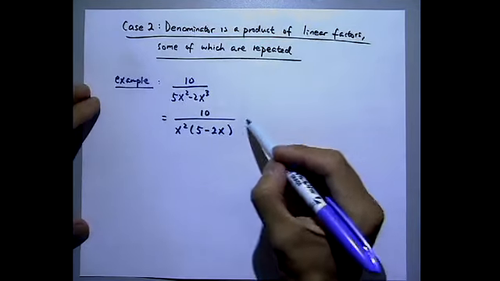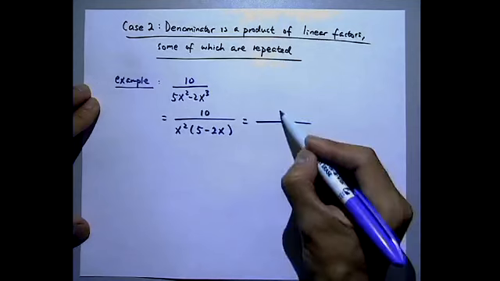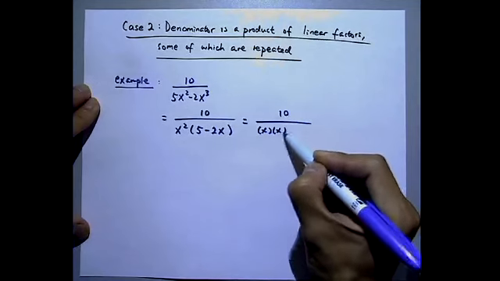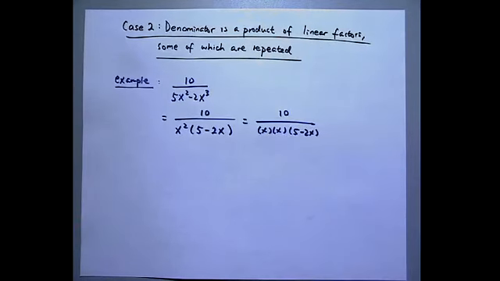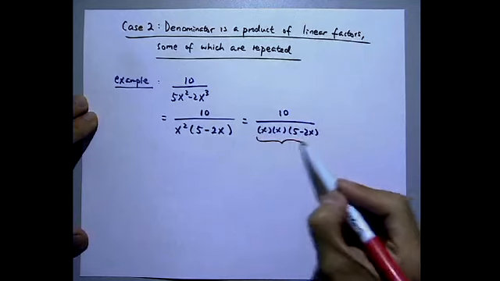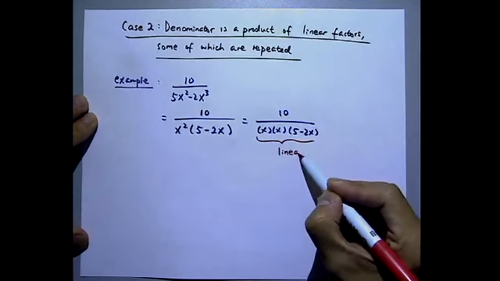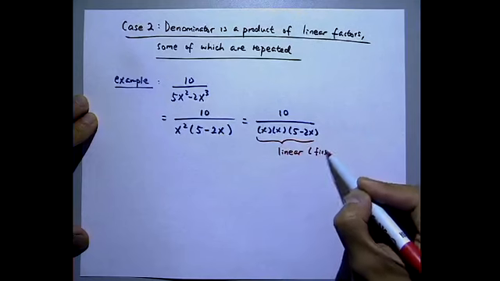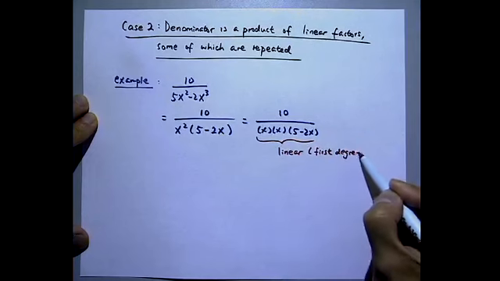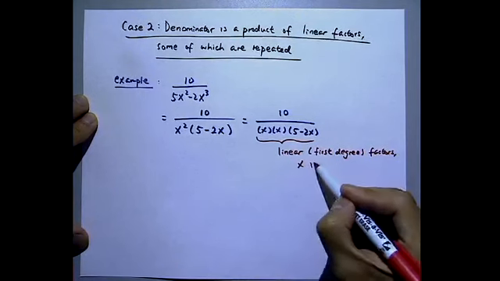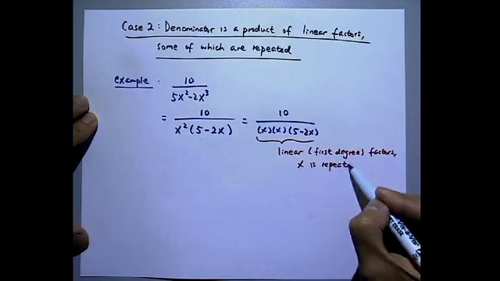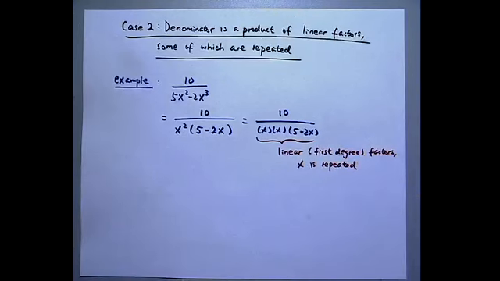And we want to look at the x squared as x times x. And there's my 5 minus 2x. So these, again, are first-degree linear factors. And this time, x is repeated.